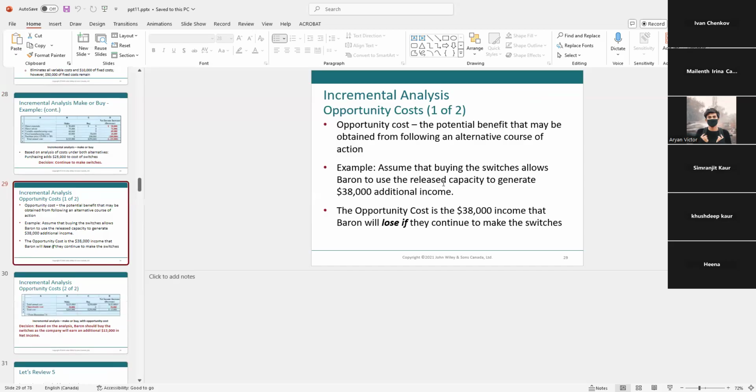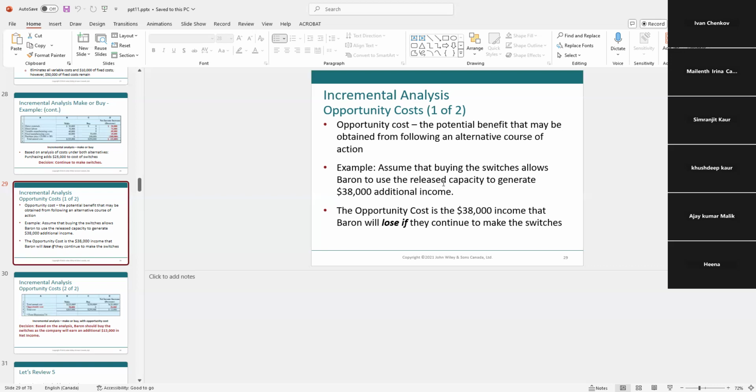Because when you decide not to make something but outsource it, it always opens the opportunity for you to generate extra income or extra revenue. If that extra revenue is not available, then that changes the entire picture. But if the extra revenue is available, then you have to consider it.